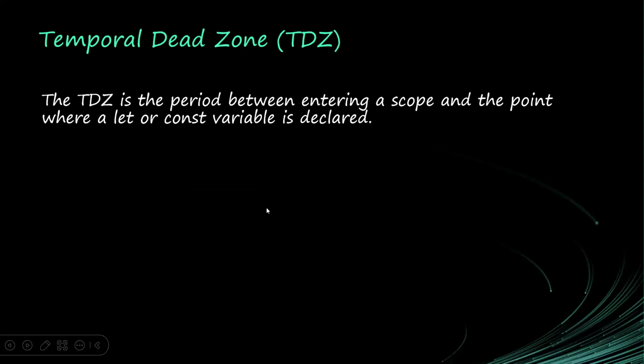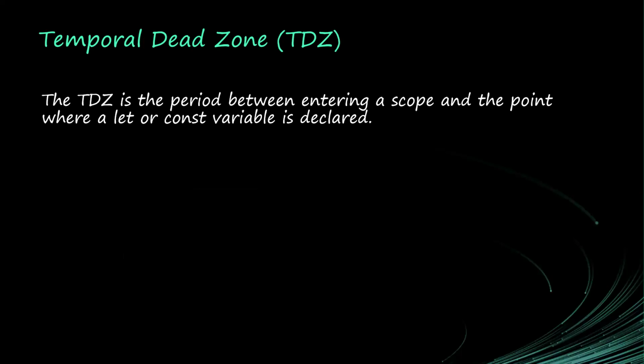So the temporal dead zone is the period between entering a scope and the point where a let or const variable is declared. So I don't even know how to explain this temporal dead zone, okay? But just understand that. Stay away from hoisting. Always declare your variables with let or const keyword.